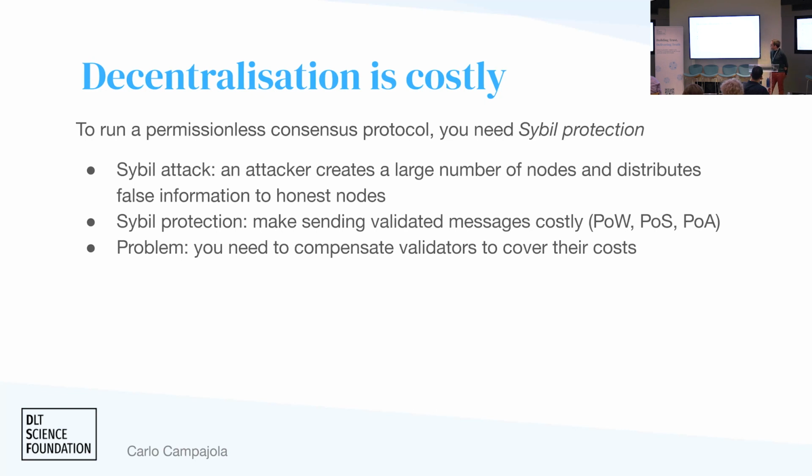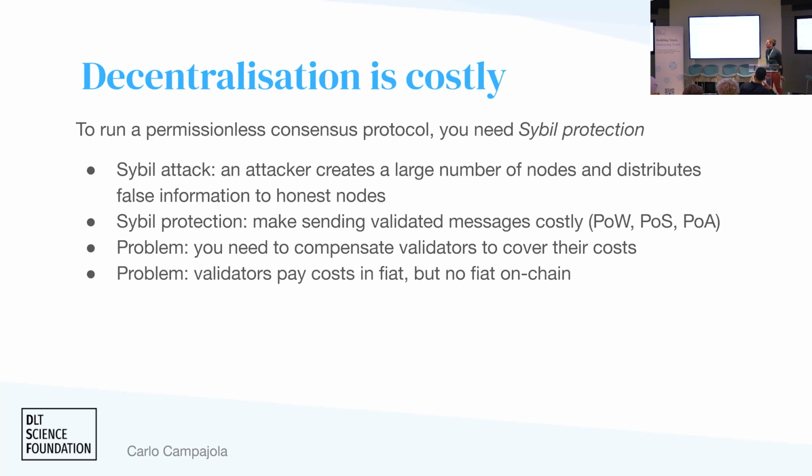The problem with this Sybil protection is that you need to compensate validators to cover their costs, because again, they pay something in order to be able to fulfill your Sybil protection requirements. The problem is that they typically pay costs in fiat money.